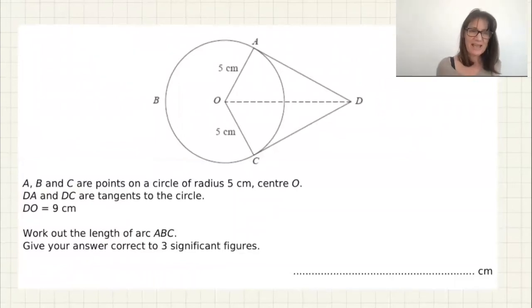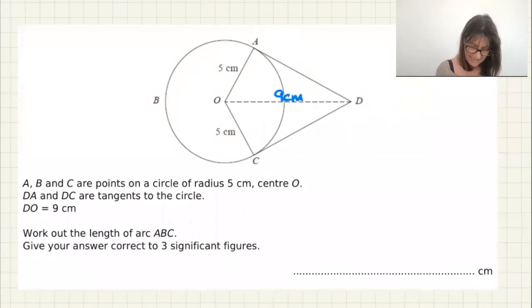Okay, so A, B, and C are points on a circle. The radius is 5. We've got the center point as well. DA and DC are tangents to the circle. DO is 9, and it's not actually been written on. So that's the first thing I'm going to do. That is 9 centimeters.